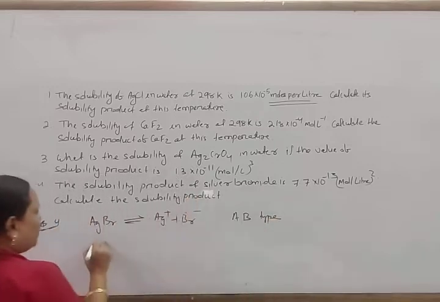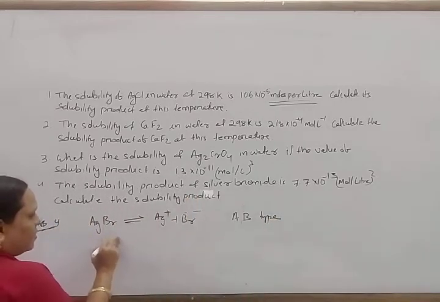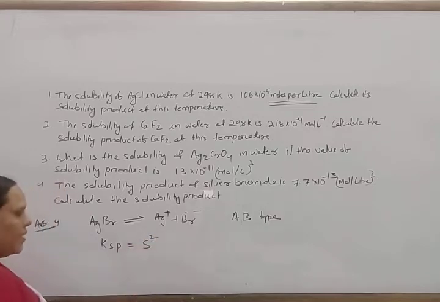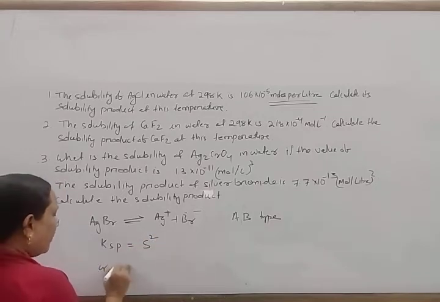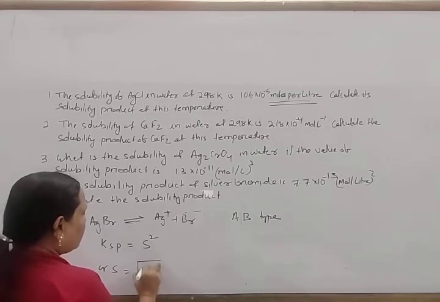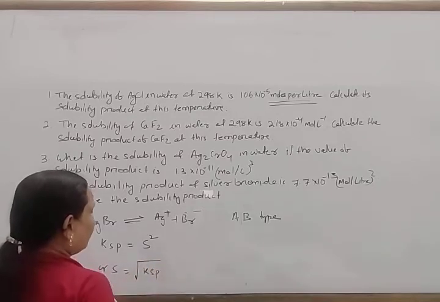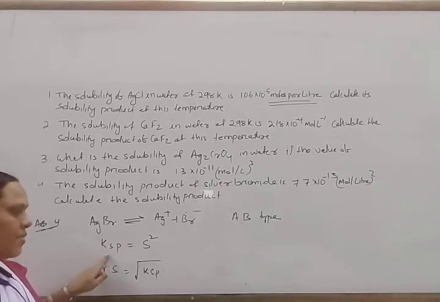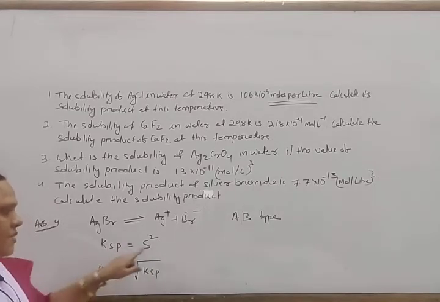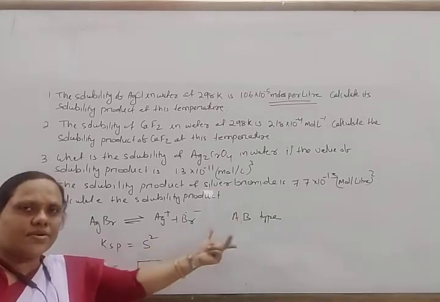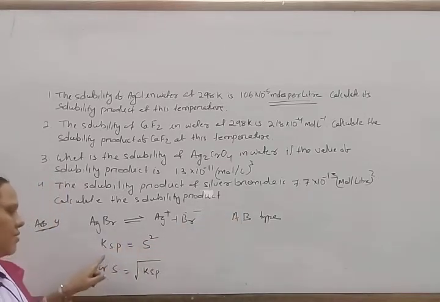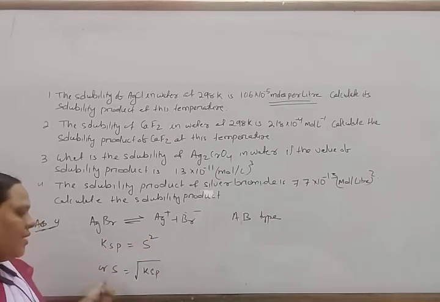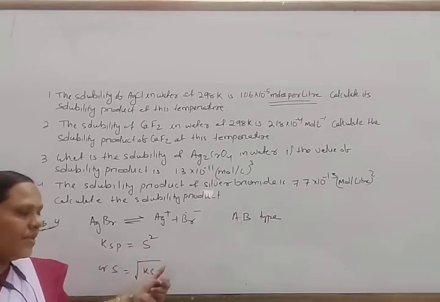What is the relation between solubility and solubility product? Ksp is equal to S square, or S is equal to the square root of Ksp. What type of salt? First look at this, then find out the relation. For an AB type salt, Ksp is equal to S square, S is equal to root over Ksp.